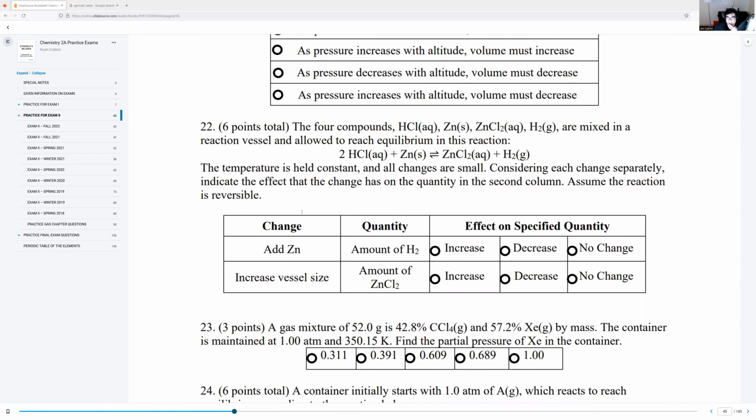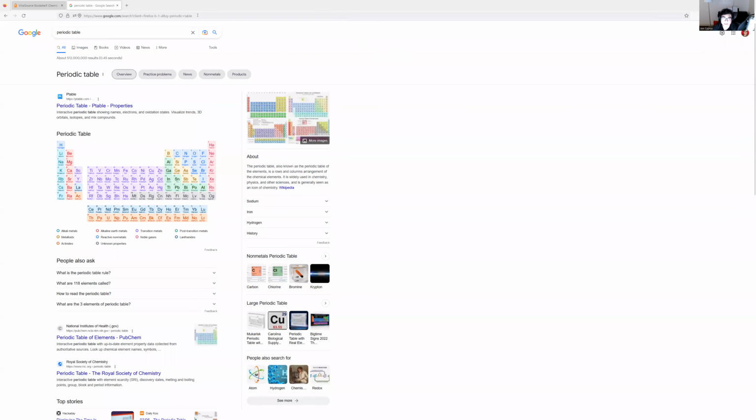So it says if we add zinc to this, you're adding something on the left side. Now, Le Chatelier's principle only really applies to gases and aqueous solutions. You're not going to include liquids and you're not going to include solids. So if I add more of this solid right here, the zinc is not going to have any effect.